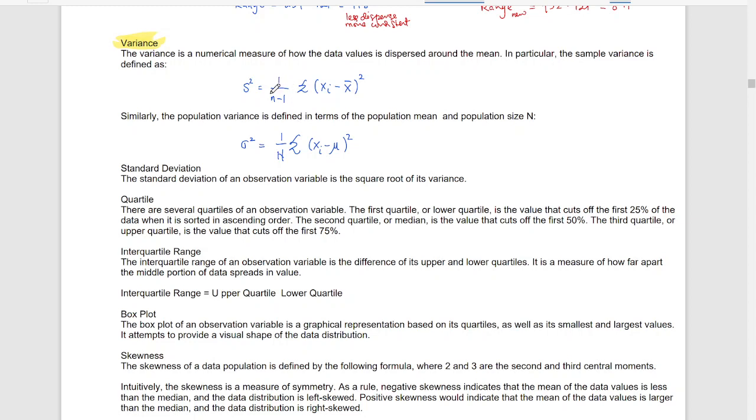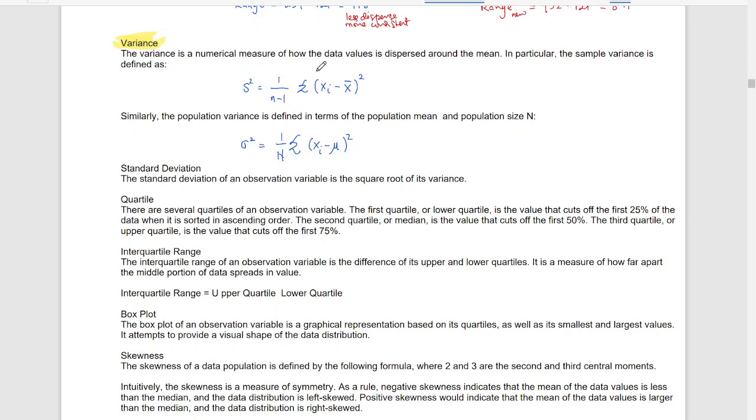And then why do you have n minus 1 over here? The n minus 1 means that whenever you estimate the standard deviation, the variance, you lose 1 degree of freedom. So kenapa kita hilang degrees of freedom? You can dig the information on degrees of freedom dalam teks. Why minus 1?